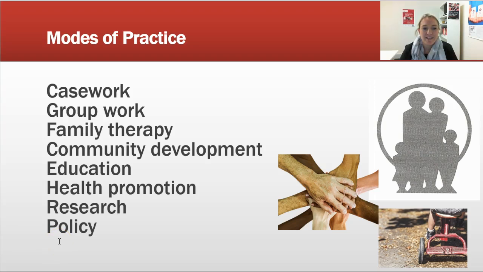Our modes of practice: if you think back to the first lecture, it links in well with a lot of the modes of practice of social work as a whole. You'll find that health social work crosses over all of the different modes: your casework, your group work, your family therapy, community development, education, health promotion, research and policy.